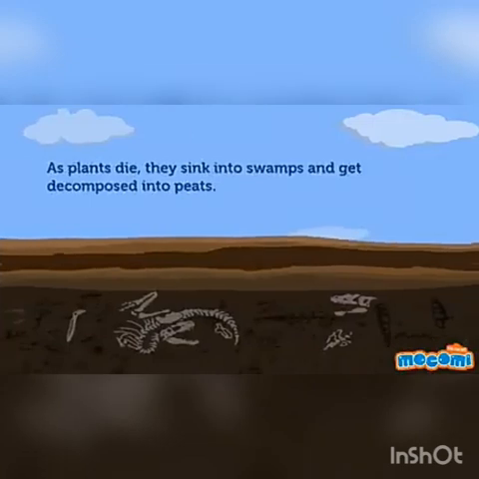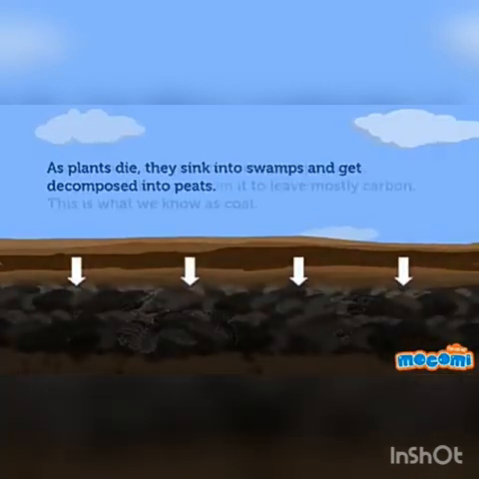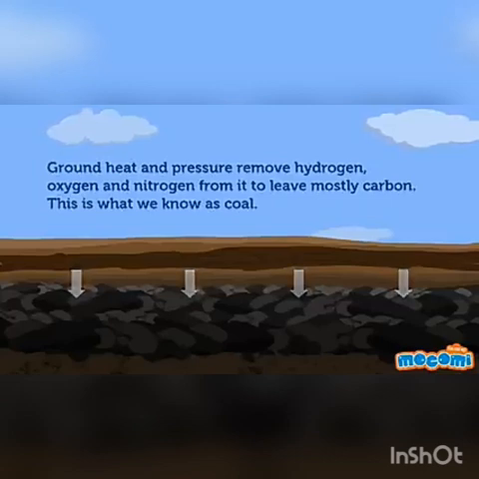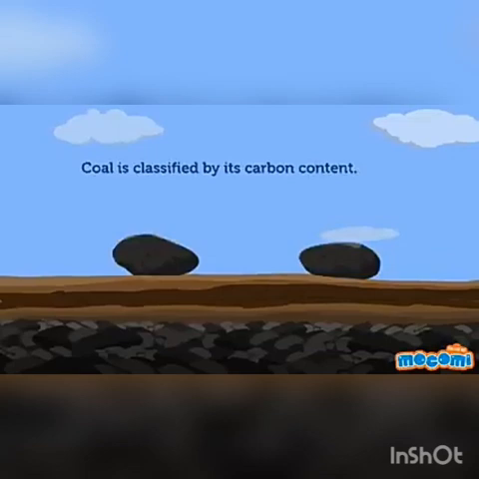As plants die, they sink into swamps and get decomposed into peat. Ground heat and pressure remove hydrogen, oxygen, and nitrogen from it to leave mostly carbon. This is what we know as coal. Coal is classified by its carbon content.